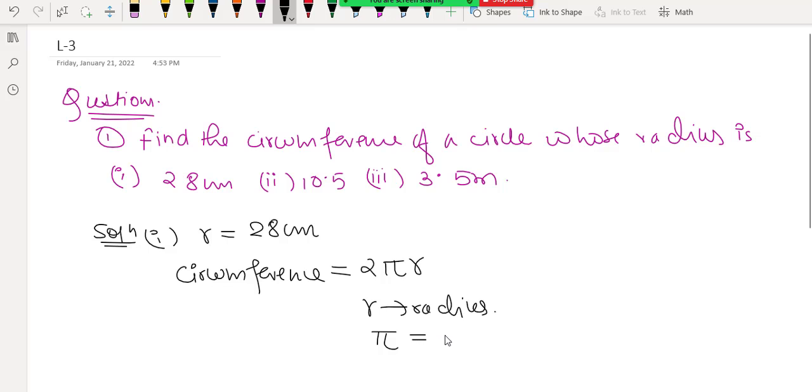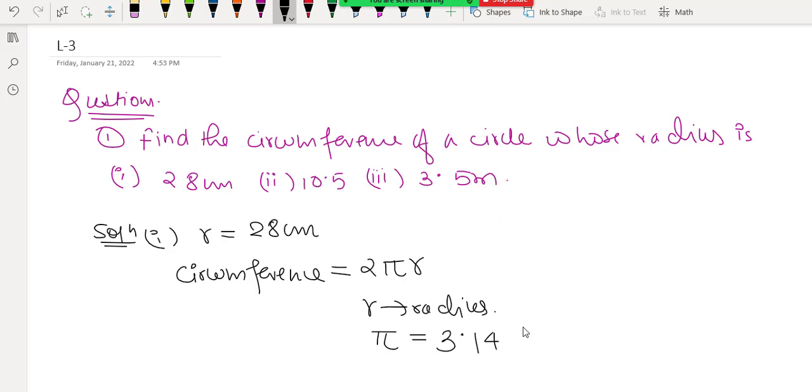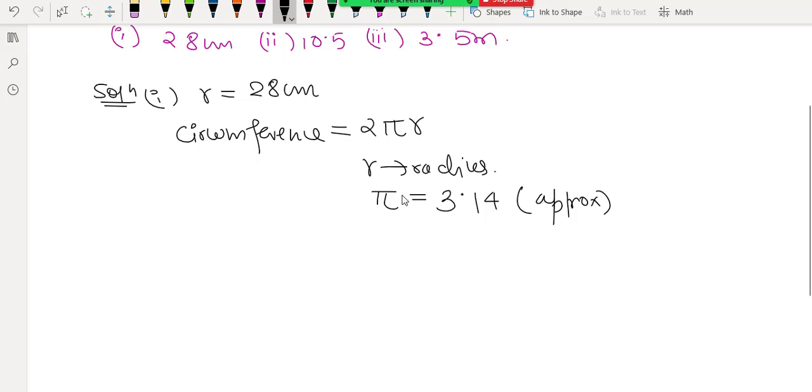Yes, this is approximately equal to 3.14. Yes, 22 by 7. That's correct. That is approximately 22 by 7, and that is approximately 3.14. And we can convert 3.14 into a fraction, like 314 by 100.